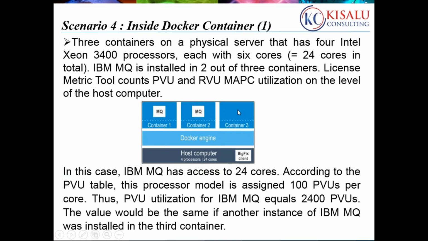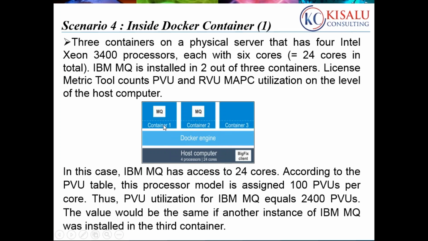So they have containers where they want to run software. If you look at the previous scenarios where we had VMware, we could split physical machines. Here we're not splitting the machines. We have one host computer and they use a different technology called Docker.